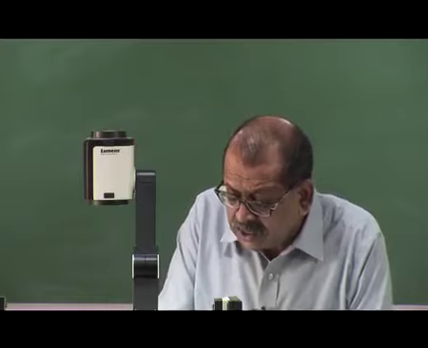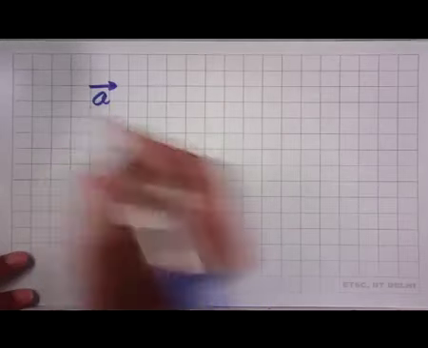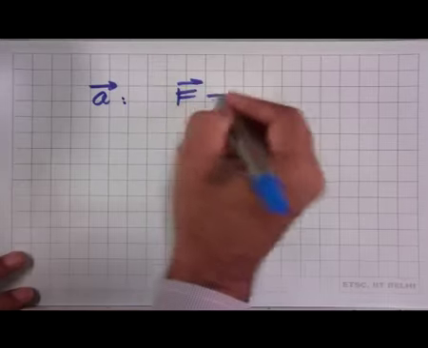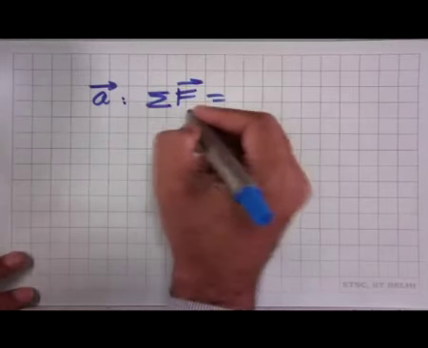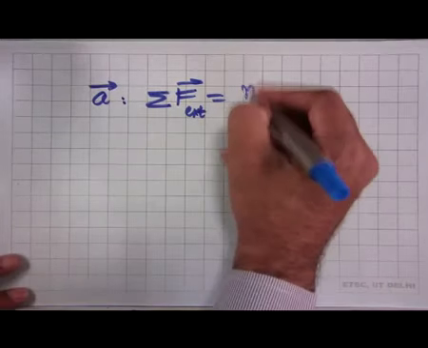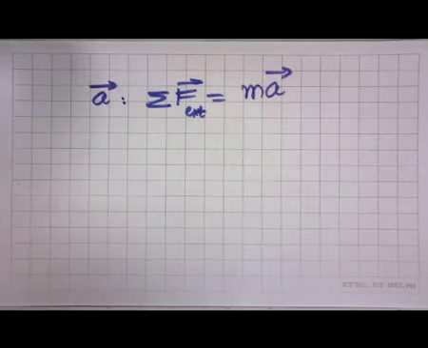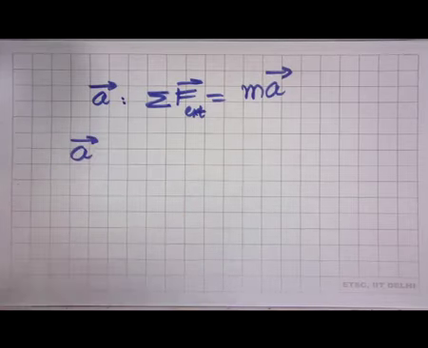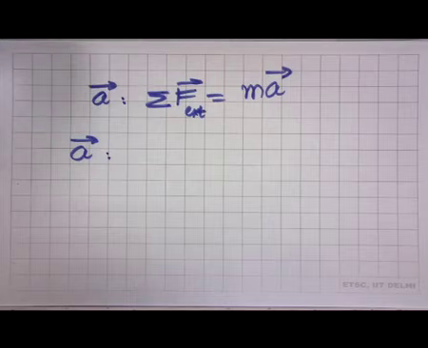Now, this was about the friction side. The other side is we have the acceleration. Force, or the sum of external forces acting on the particle, is equal to m times a. Now, let us have a brief discussion on acceleration.